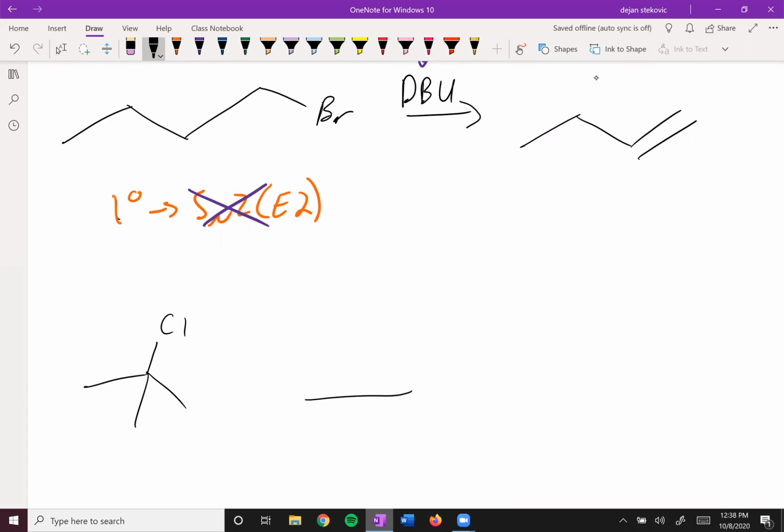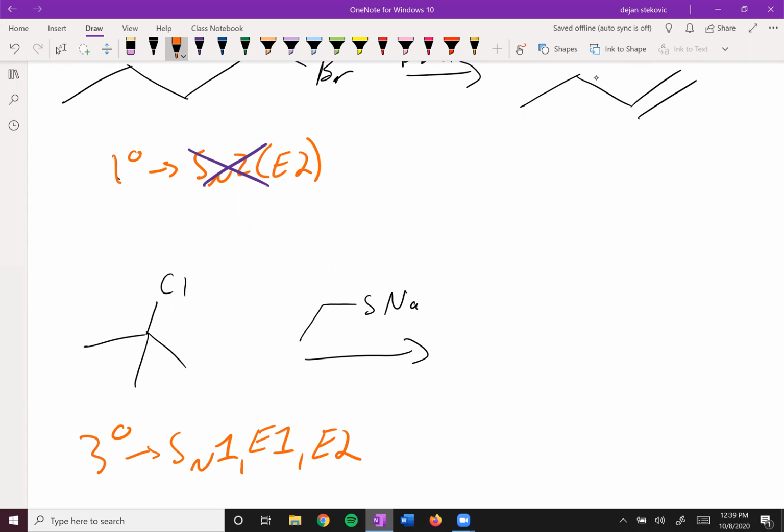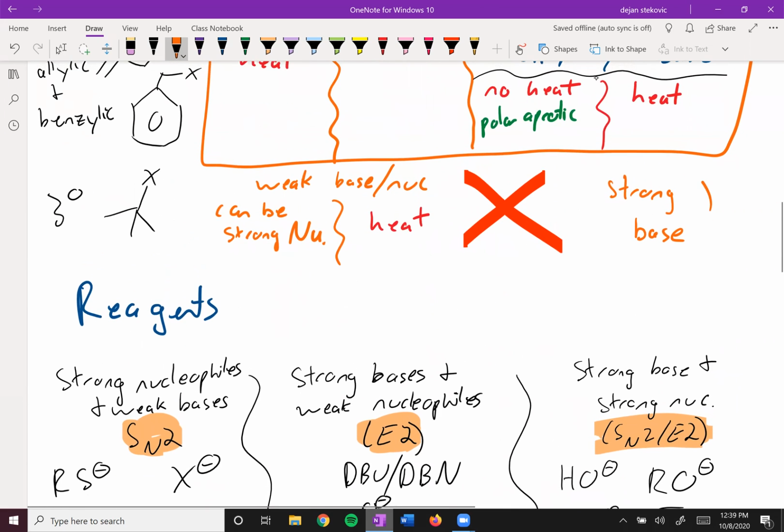Another example here. Here we have a tertiary alkyl halide, and so with tertiary we're thinking SN1 can occur, E1 can occur, or E2 can occur. Remember, for this E2 reaction to occur, we need some kind of strong base.